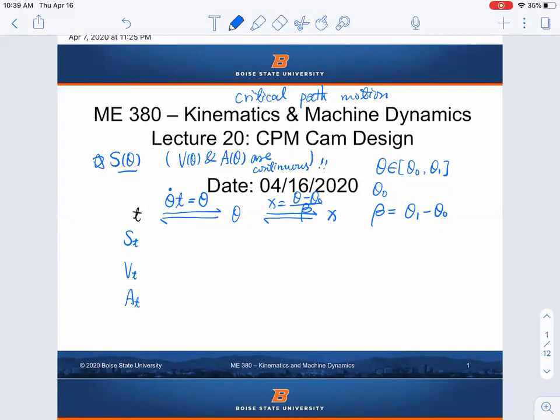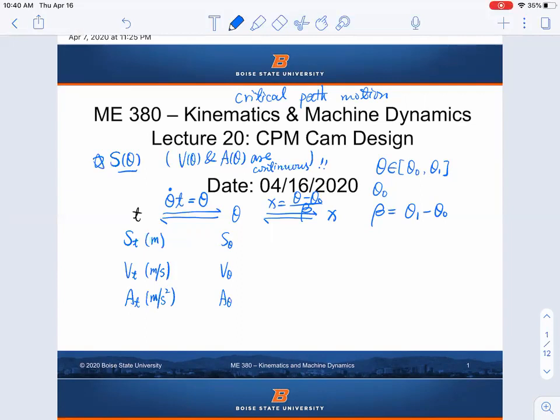If you look at the units, s is a displacement, so the unit is meters, velocity is meters per second, and acceleration is meters per square second. Eventually you want to design in theta, so let's write these as s theta, v theta, and a theta.